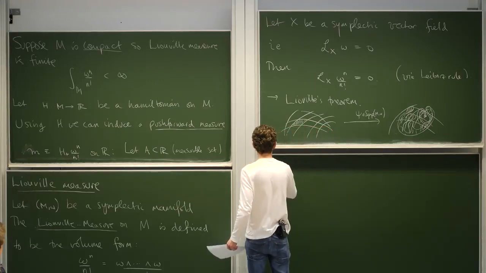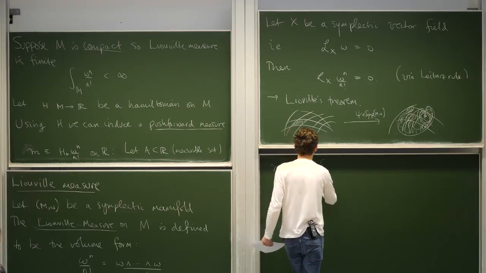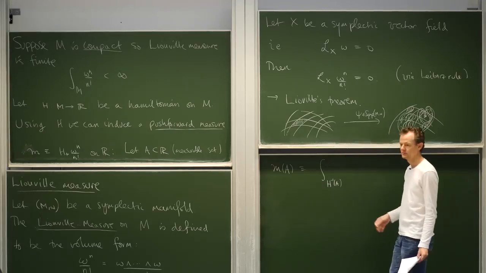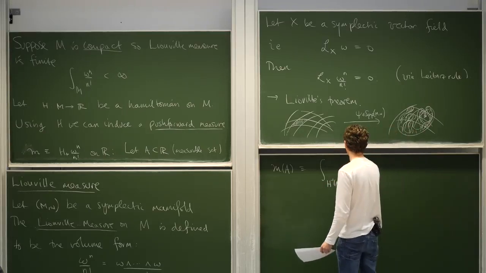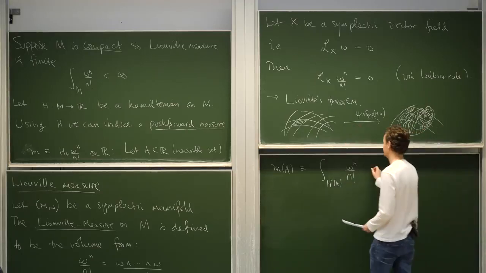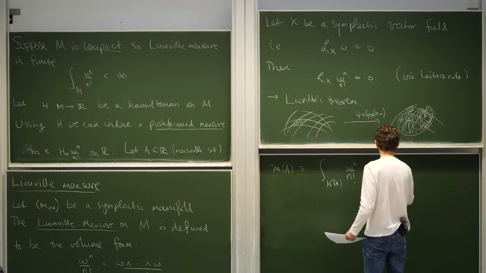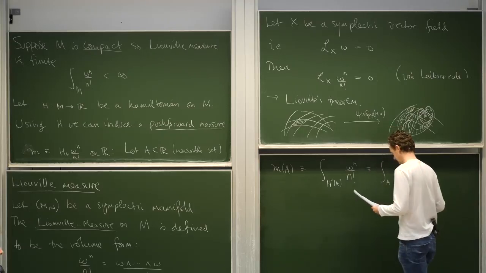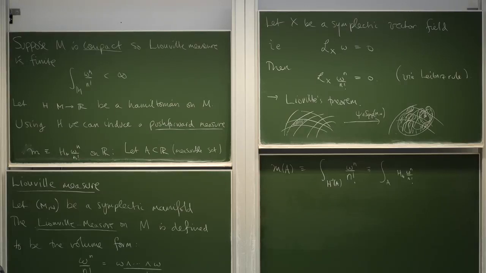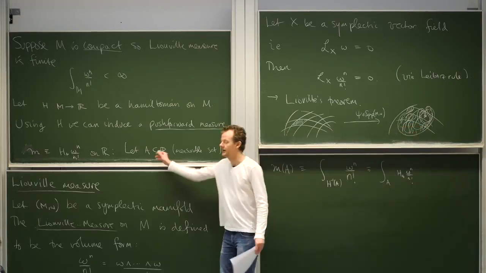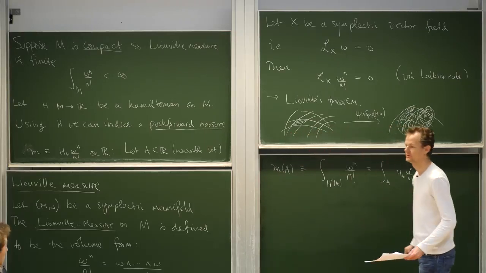So let's define now this measure. Little m of A is defined to be the integral over the pre-image of A, so the set of states with energy in A. And how do we measure area? Well, with a Liouville measure like that. The proportion of phase space whose energy lies in A. So a pretty physical question to ask.